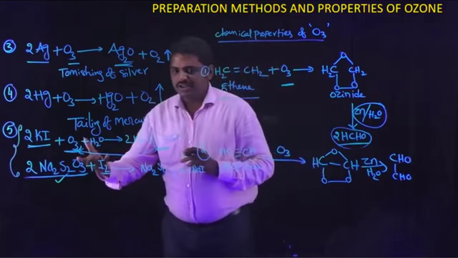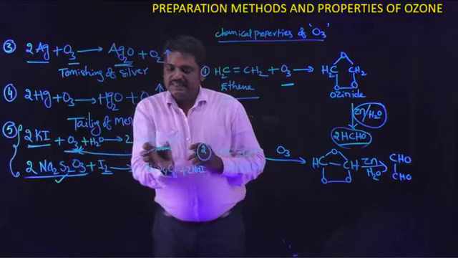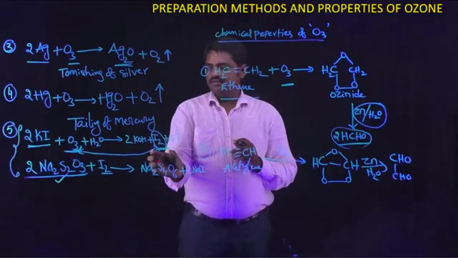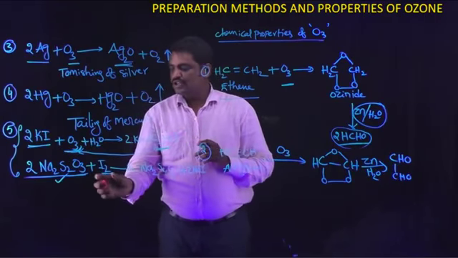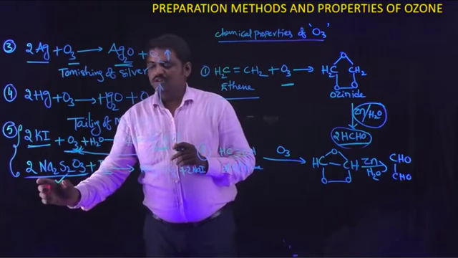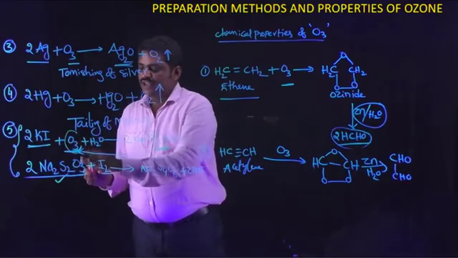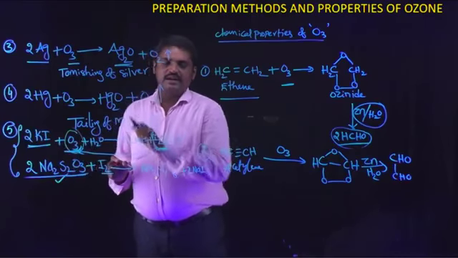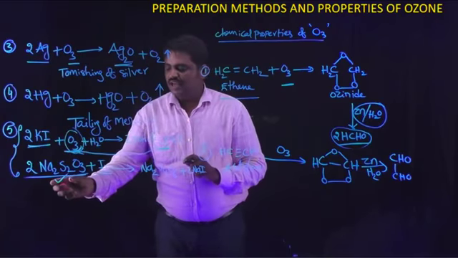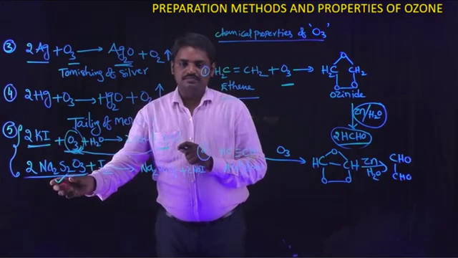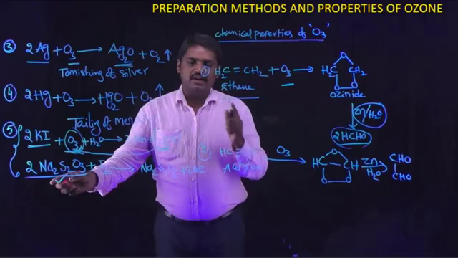In these two reactions it is observed that the number of moles of ozone is equal to the number of moles of iodine. So the number of iodine molecules are used to calculate the number of moles of hypo. Finally, the number of moles of O3 is equal to the number of moles of I2. So the ozone molecule is used to calculate the quantitative relationship between hypo and ozone, between hypo and iodine.